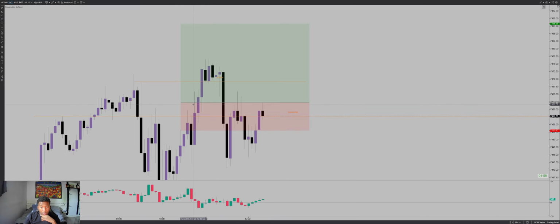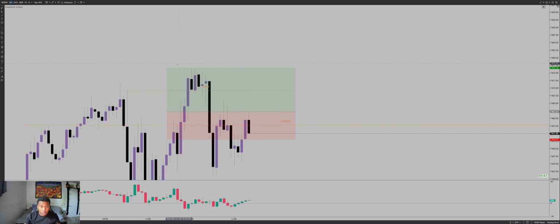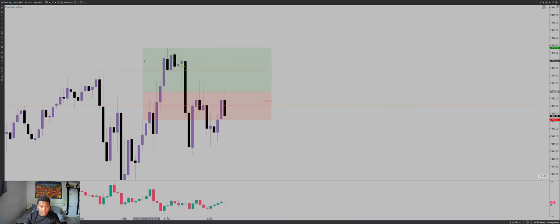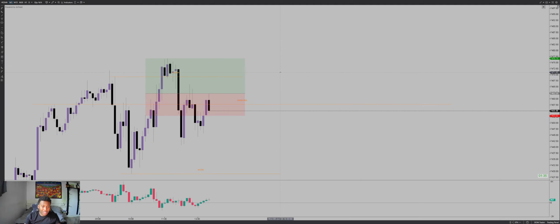So my confirmation is the failed reclaim, absorption, and then we saw buyers auction higher. When price closed below the IB high, I knew there was a high probability of price reaching my SL, and it did, and I'm done for the day.